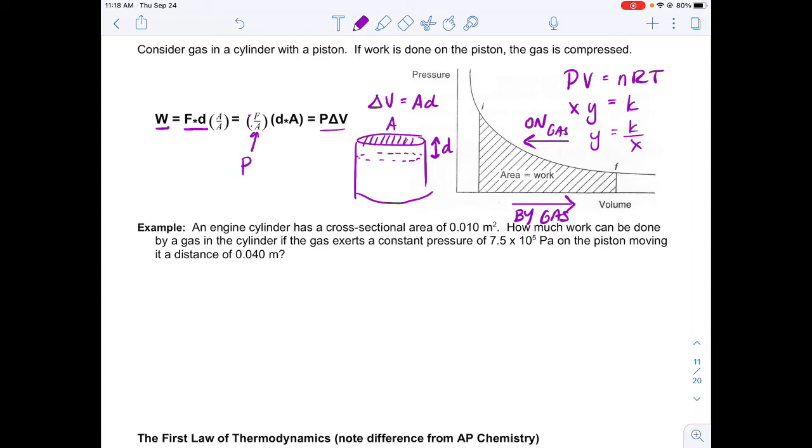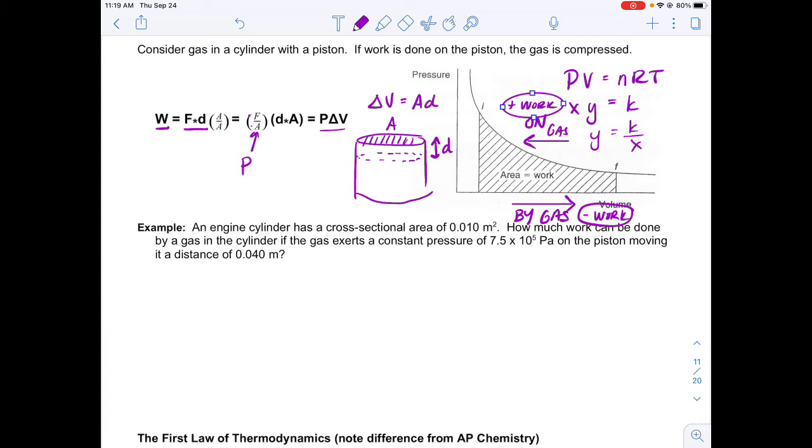When the cylinder expands, when work is being done by the gas, we are going to define that as negative work because the gas is losing internal energy. When we do work on the gas, we're going to define that as positive work because the gas is going to gain internal energy. This is different than the way it's taught in AP Chemistry. So if you took AP Chemistry, this is reversed.